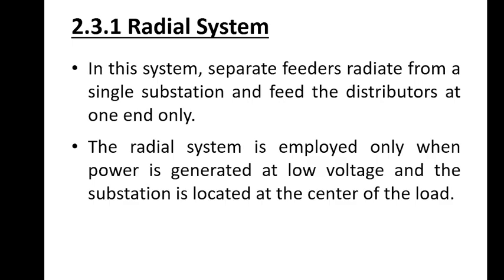This configuration is typically used in situations where power is generated at a low voltage and the substation is located near the center of the load area. Due to its simple structure, the radial system is easy to design and economical to implement, but it has the limitation of lower reliability, since any fault in the feeder can interrupt the supply to all downstream consumers.